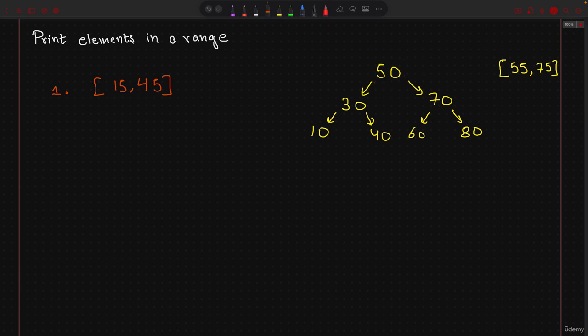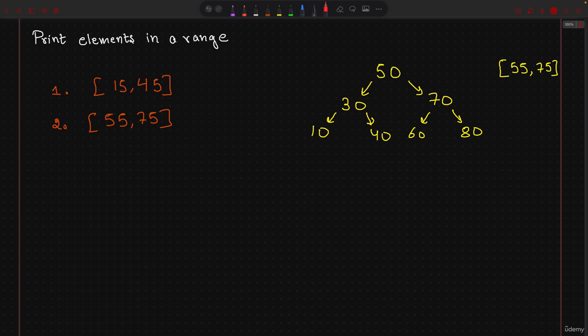In a similar manner, take the range 55 and 75, let's say. In this, I don't think I need to call on the left part because 55 is bigger than 50. I know everything else is going to be smaller than my 50, right?